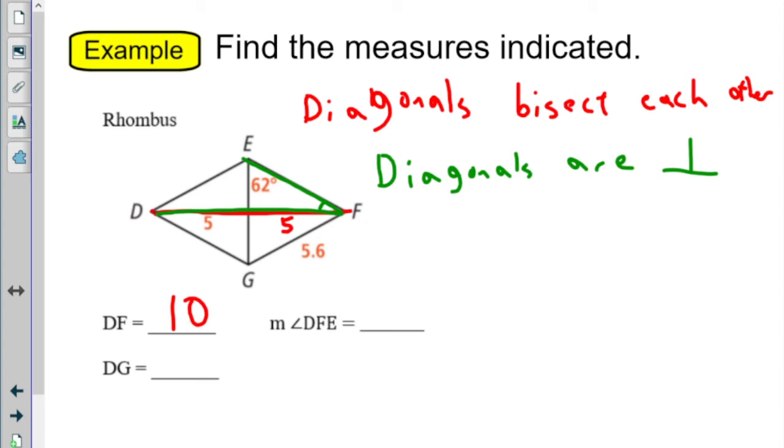Again, you can go back to the chart and double check this. The diagonals in a rhombus are perpendicular, which means that this angle right here is 90 degrees. And then we have another triangle where the angles add to 180. This is 90. This angle is 62, which leaves the last angle in the triangle to be 28, so that the angles add to 180 degrees.